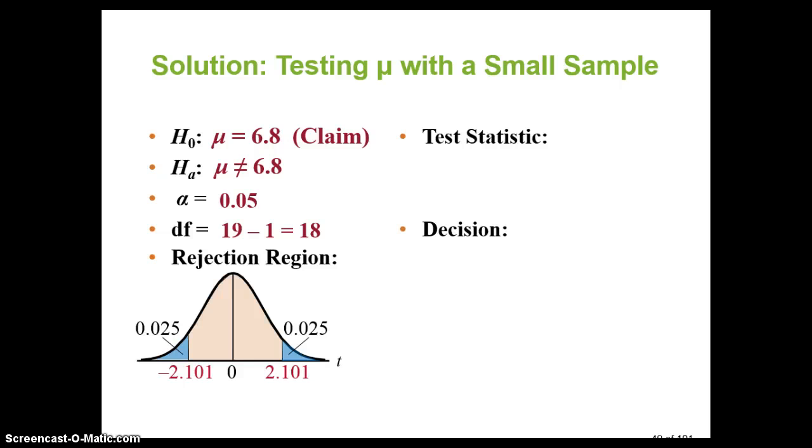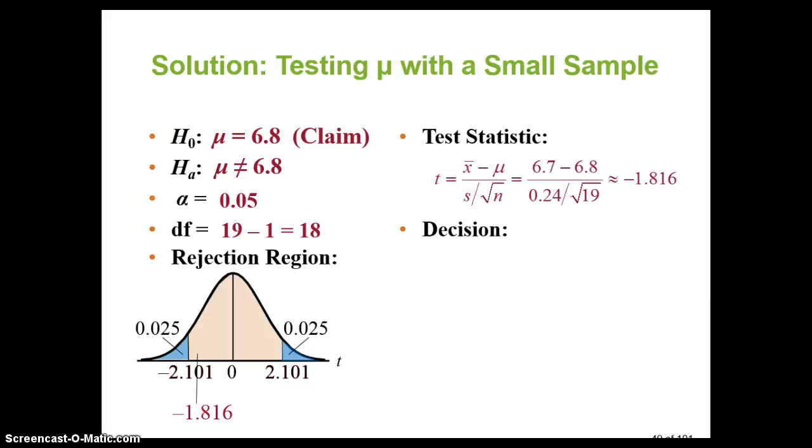So let's go back to the slide. My shaded rejection region graph basically says that if my standardized test statistic is either more negative than 2.101 or more positive than 2.101, I would fall in one of these blue shaded rejection regions, and I would have enough evidence to reject the H0.